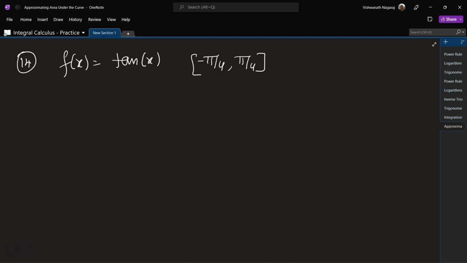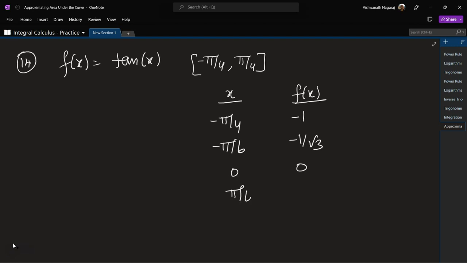So now let's take x and f of x. If it is minus pi by 4, this would be minus 1. If it is minus pi by 6, this will be minus 1 by root 3. If it is 0, this will be 0. If it is pi by 6, it will be 1 by root 3. And if it is pi by 4, it is going to be 1.